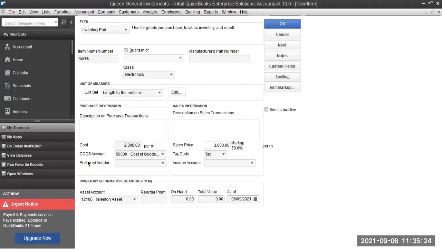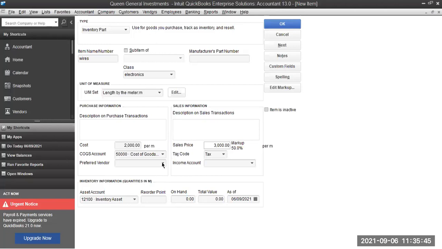Okay, so I was saying that our markup is setting a selling price for us from the cost price. We had a cost price of 2,000. So the system is saying that's true.